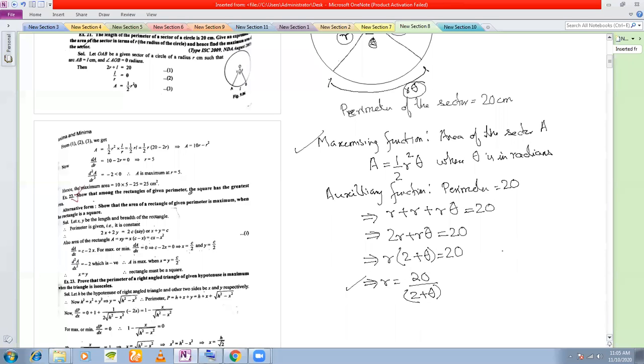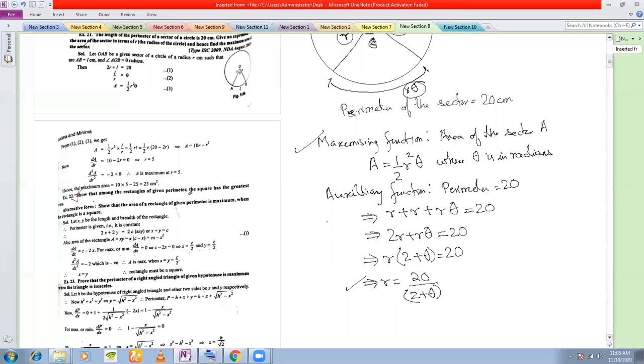Half into 400 by (2 plus theta) whole square into theta. You cancel here, so you get 200 theta by (theta plus 2) whole square.